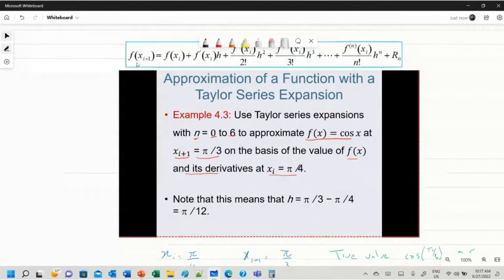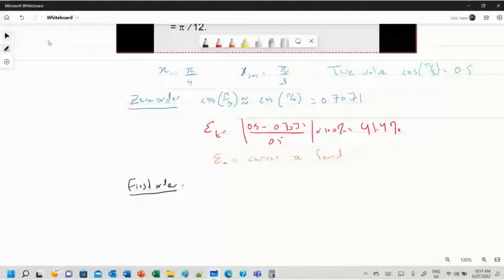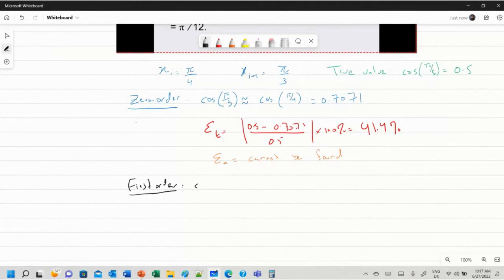that f of xi plus 1 is f of xi plus the first derivative multiplied by the step size. So we are saying cosine pi by 3 is approximately equal to cosine pi by 4 plus the first derivative.